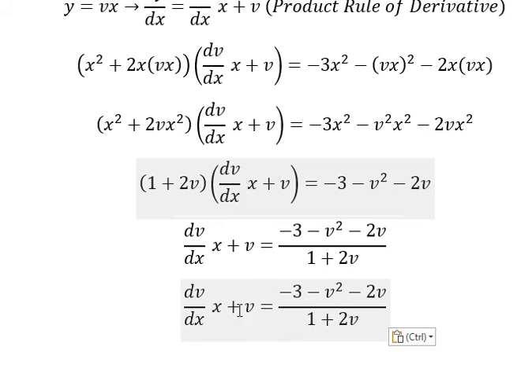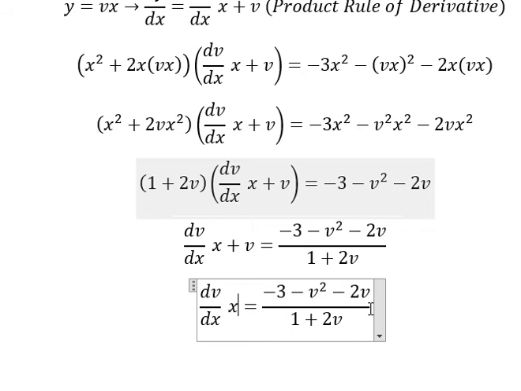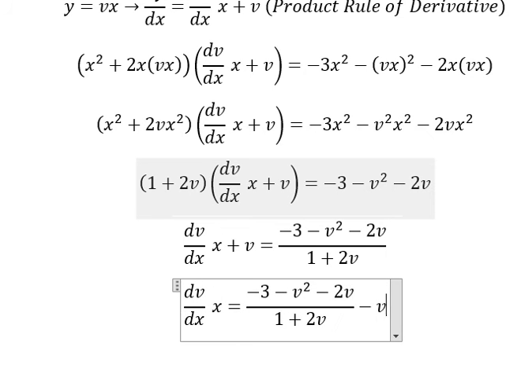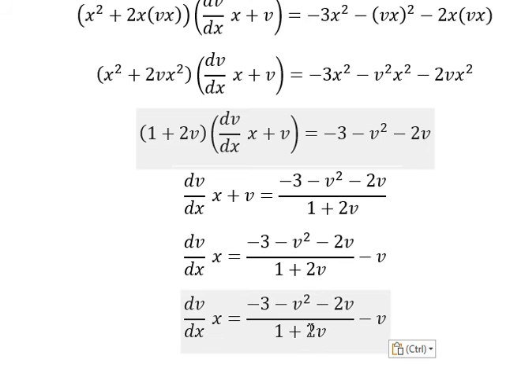Next, I will put v go to the right. Now we do a common denominator by 1 plus 2v.